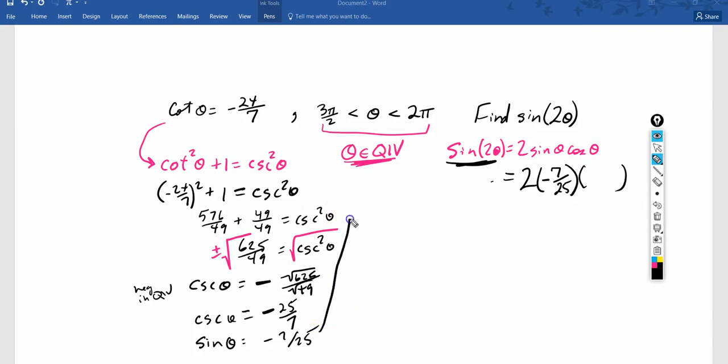What I might do now is use the formula sine squared theta plus cosine squared theta equals 1. And I have sine of theta. So that's going to give me positive 49 over 625.